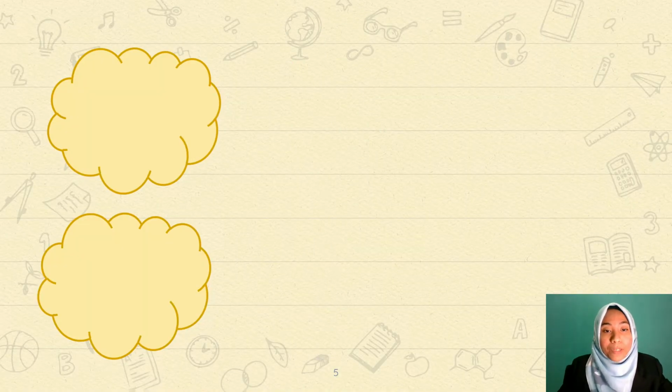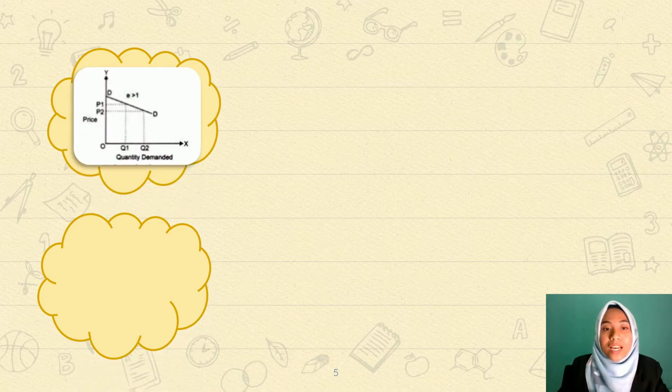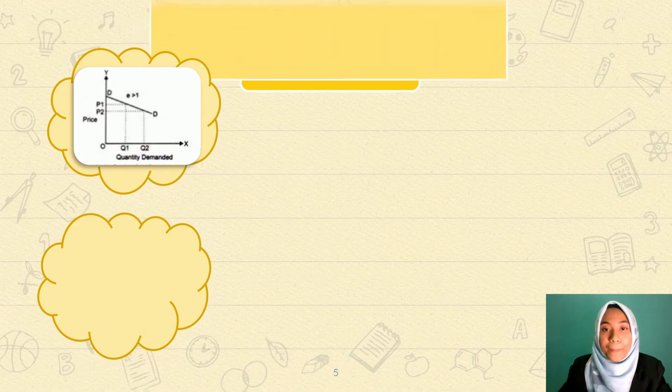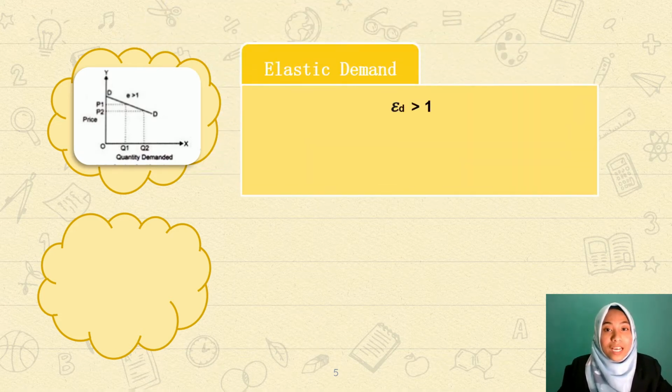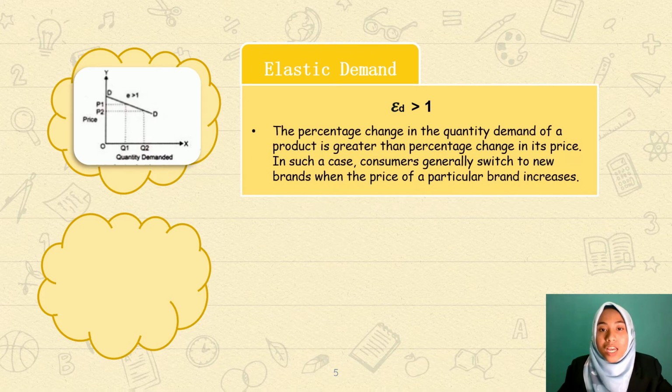Now, I will explain to you about the degrees of elasticity of demand. The first one is elastic demand. The keyword is the numerical value of elastic demand is bigger than 1. The percentage change in the quantity demanded of a product is greater than the percentage change in its price.